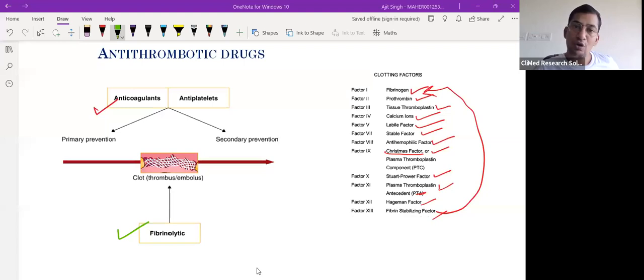Prophylaxis we can say in other terms, preventive therapy. Heparin and enoxaparin are sometimes used to dissolve the clots also. Prophylactic and treatment both, yes, but anticoagulants are preventive therapy and fibrinolytics are to dissolve the existing clots.